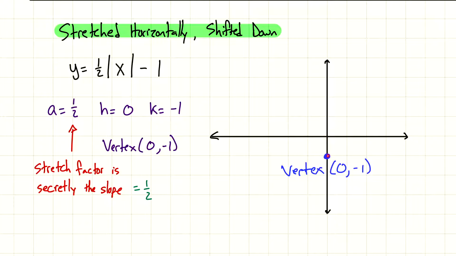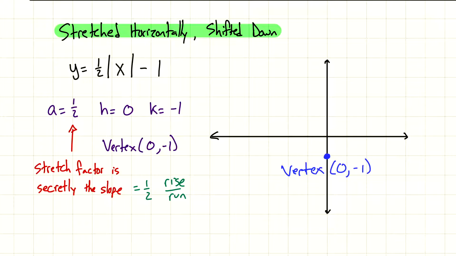This is our rise, and this is our run. So I'm going to go up 1 and to the right 2, and then up 1 and to the right 2. You could keep doing that. It should look like a staircase going up and to the right.